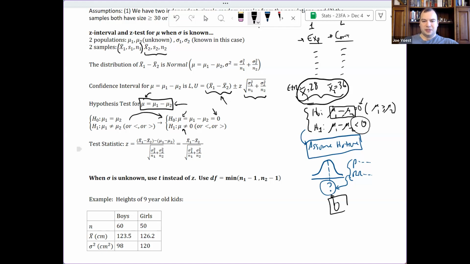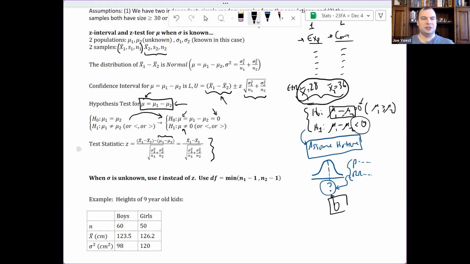And we can do things like, say, compute a test statistic. Of course, our null hypothesized mu1 minus mu2 is 0. So that little bit goes away, and I end up with just the numerator of x bar 1 minus x bar 2 and a denominator of the standard error.